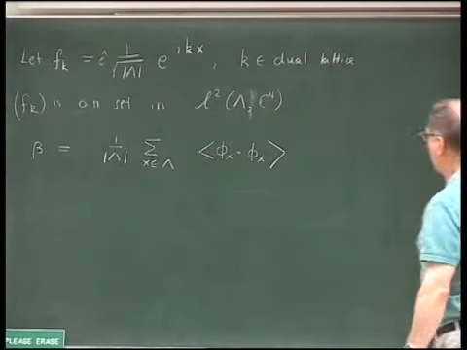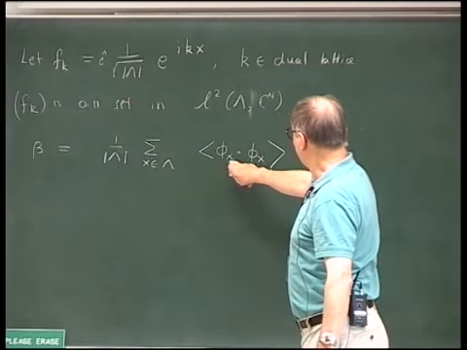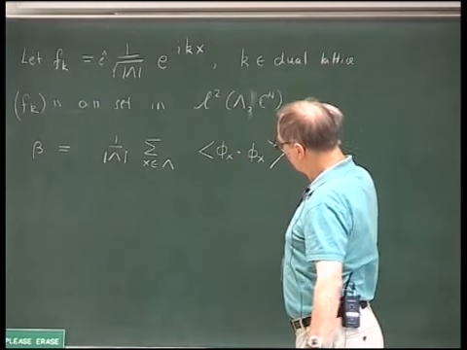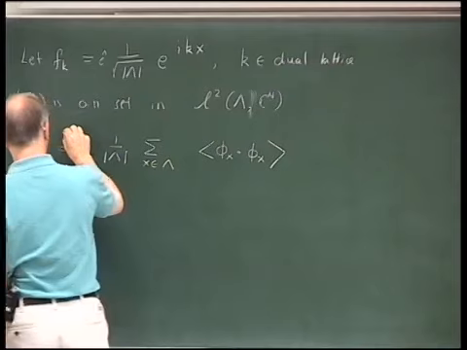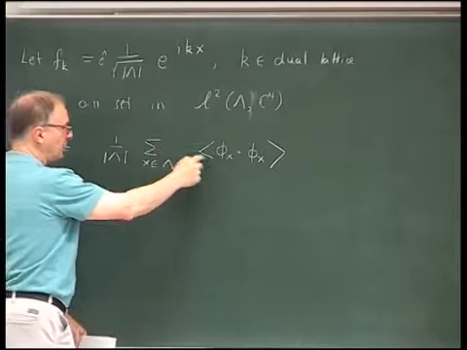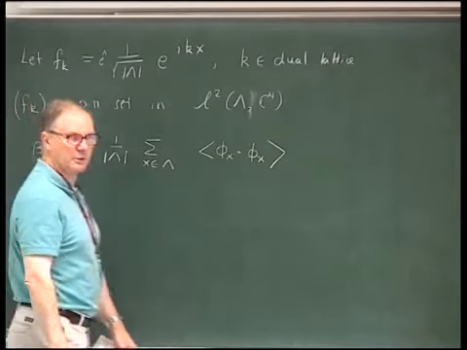So any one of these, because it's translation invariant, for any x you put here, you always get beta by step 1. And if I put this in front, all I'm really doing is summing the same thing lambda times and dividing by lambda.